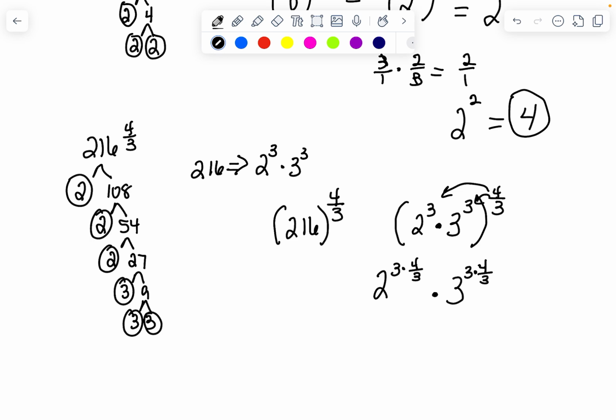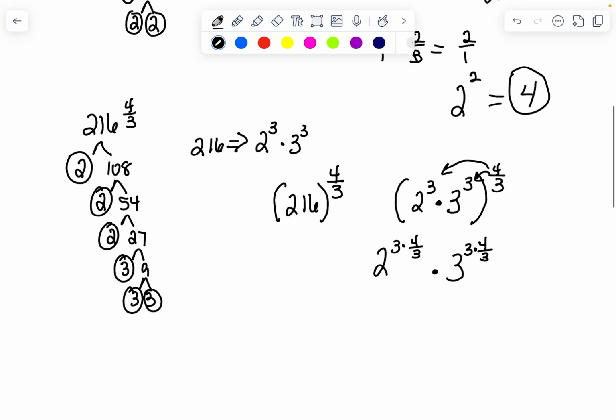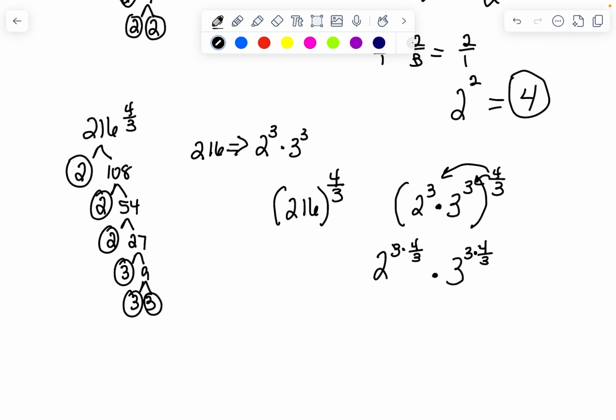Using our fraction math, I know that this is over 1, this is over 1. Multiply those out, and we have 2 to the 4 times 3 to the 4.